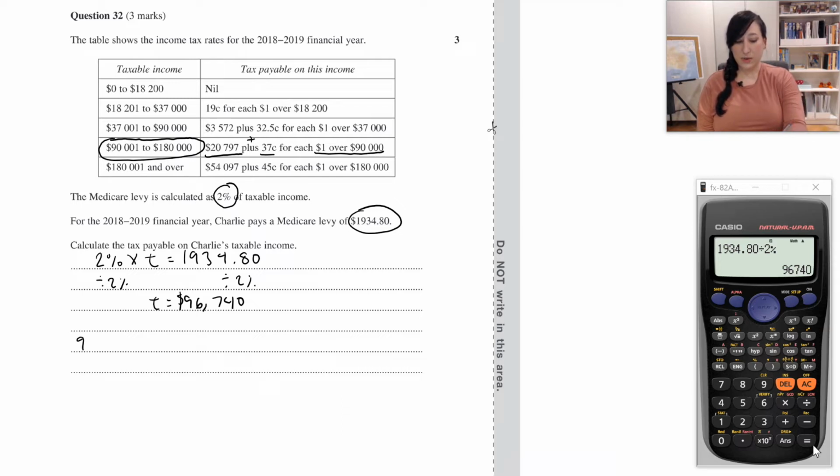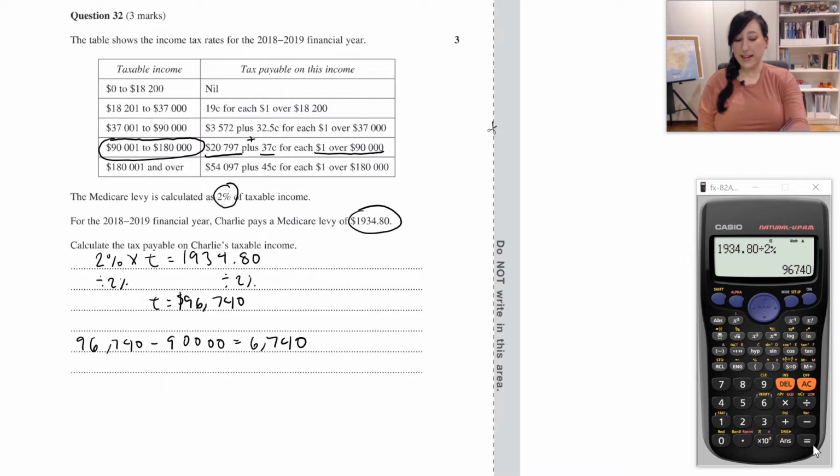So we'll do 96,740 minus 90,000. So his income is $6,740 over 90,000. Now, we need to calculate 37 cents for each one of these dollars.